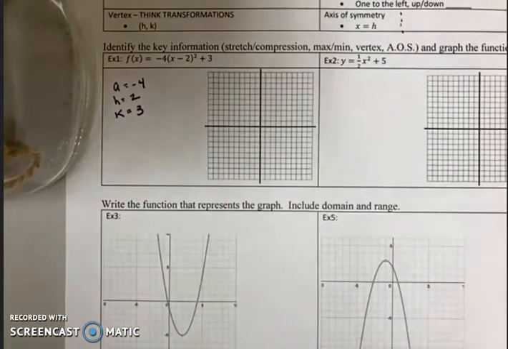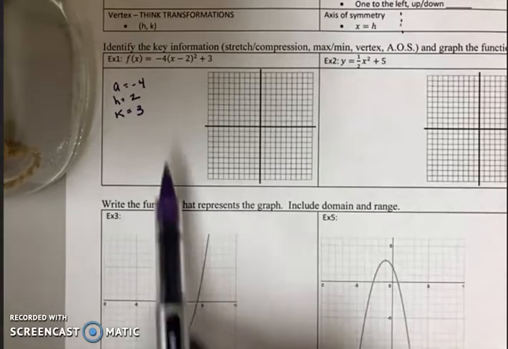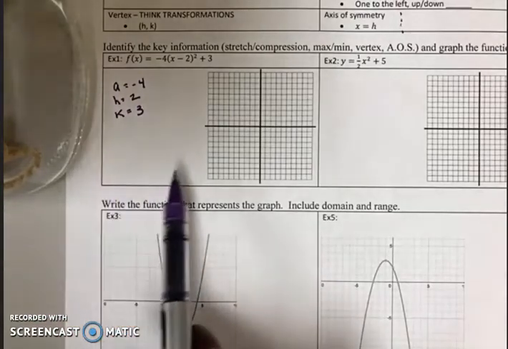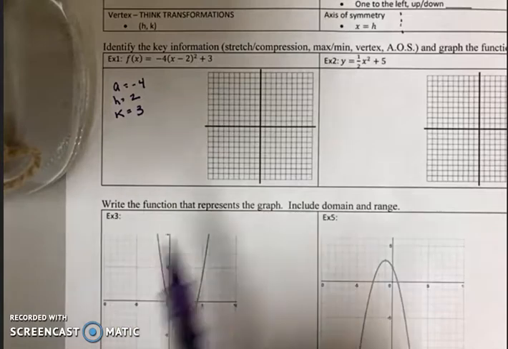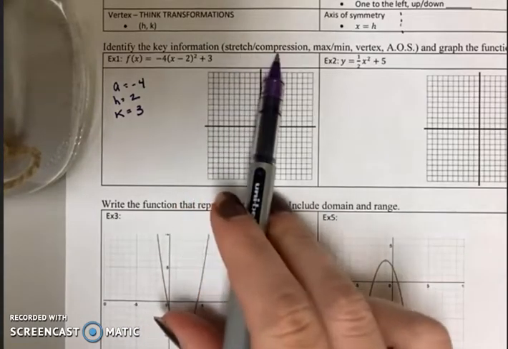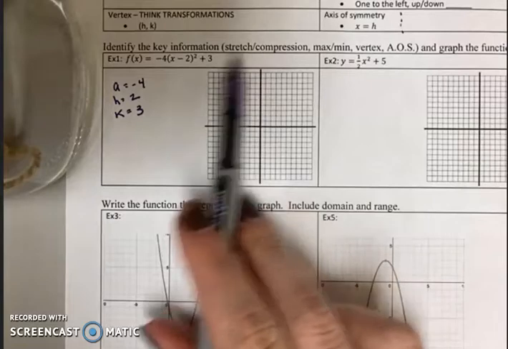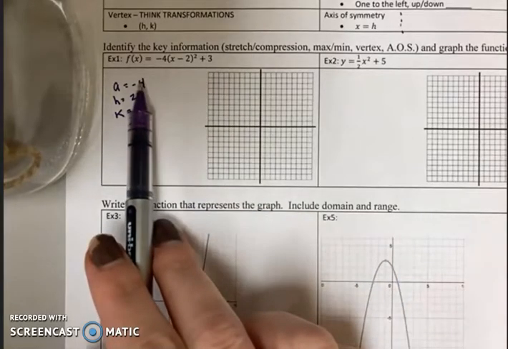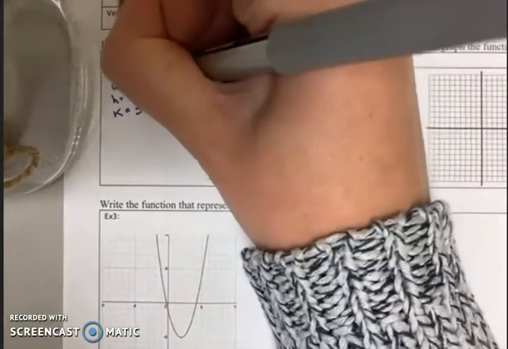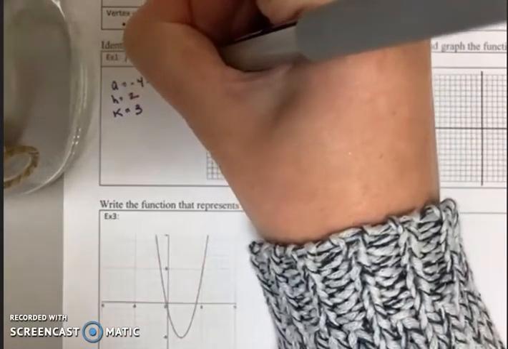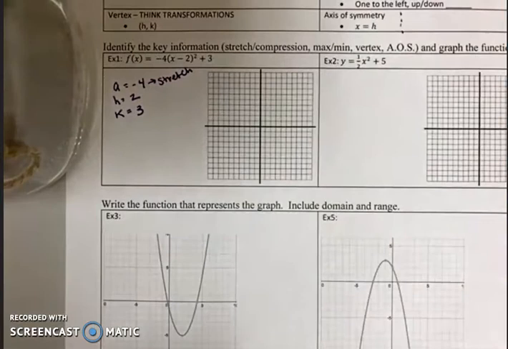Using those bits of information, I'm going to determine what characteristics or what key information I have about the graph. So the first thing I want to talk about is a compression or stretch. When I look at this, a is 4, so that means I have a stretch because a is greater than 1.